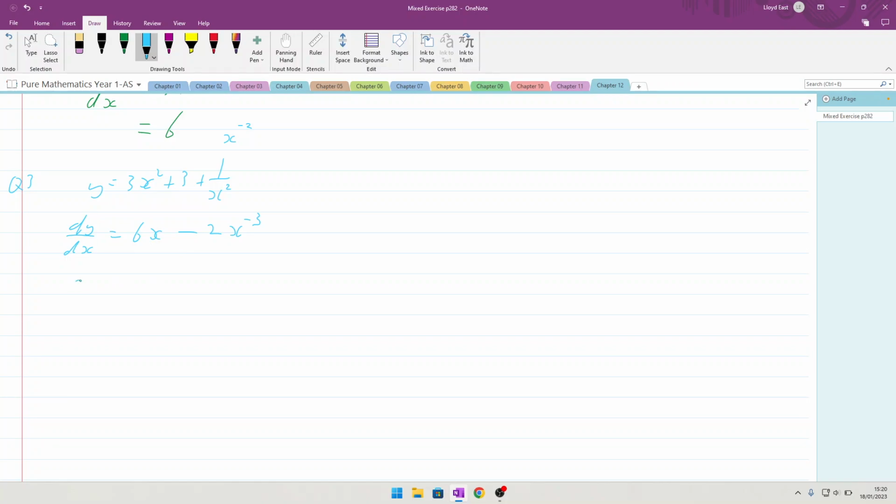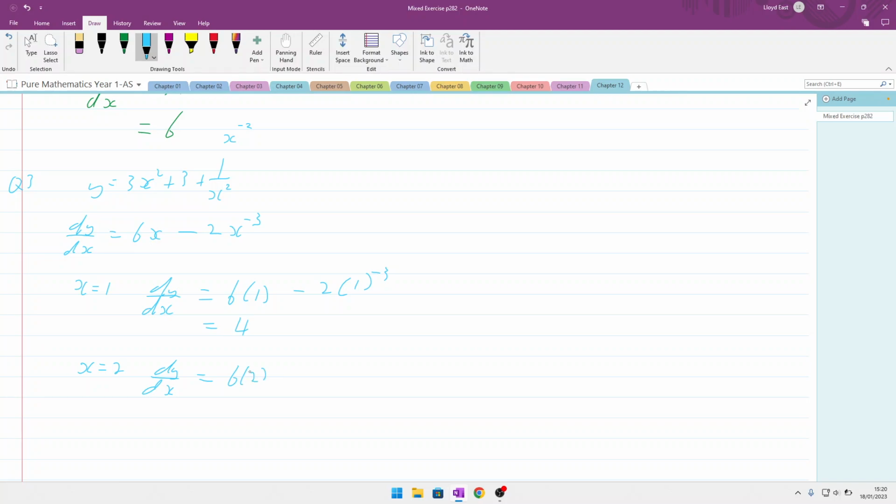Now then, when x equals 1, dy by dx is going to be 6 times 1 minus 2 times 1 to the minus 3, which is, what does that give us? 1 over 1, minus 2, 6, 4, isn't it? Okay. Then when we have x is equal to 2, dy by dx is equal to 6 times 2.